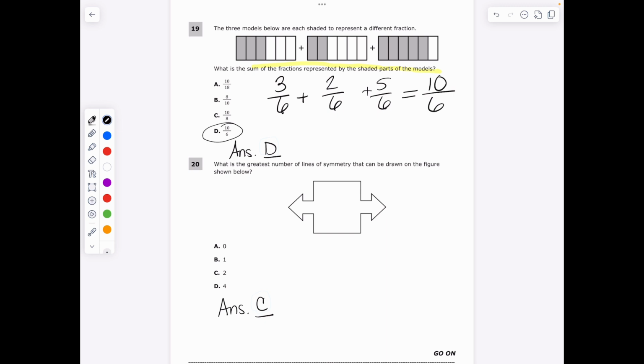Now, sometimes I cover my answers. A lot of times, when I'm doing multiple choice, I cover them so I can't see them, and then I just do the math first. If that happens, I'm in the habit of changing from improper to a mixed number. So I would have said 10 divided by 6 is 1 with a remainder of 4 out of 6.